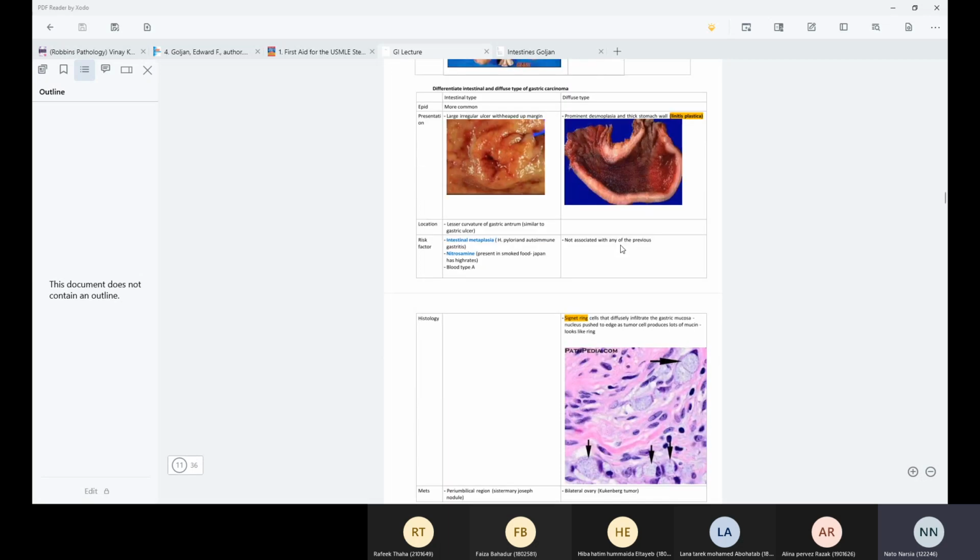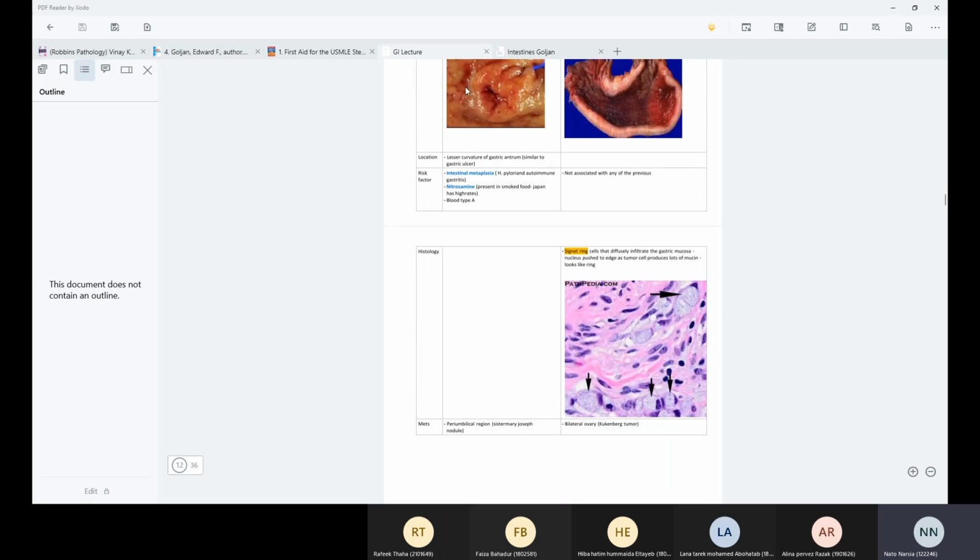Now goes to the microscopic examination. This is adenocarcinoma. I don't have a picture here, but what you are supposed to find is glands, guys. Glandular proliferation would be here, and linitis plastica is very different, and you should know signet ring cells. Wherever you find signet ring cells, we don't have them only in stomach.